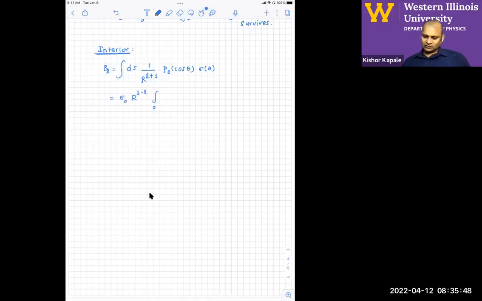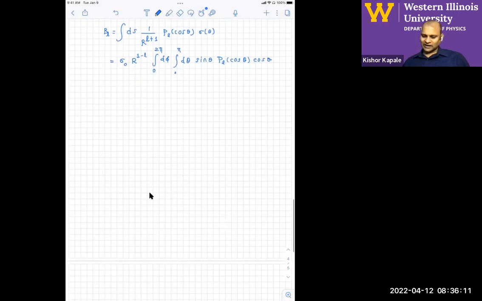And then you have 0 to 2 pi d phi, 0 to pi d theta sine theta, right, because of the spherical volume integral or the surface element, P_L in this case, cosine theta.